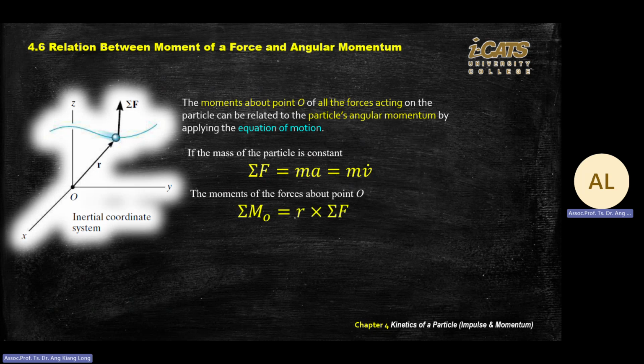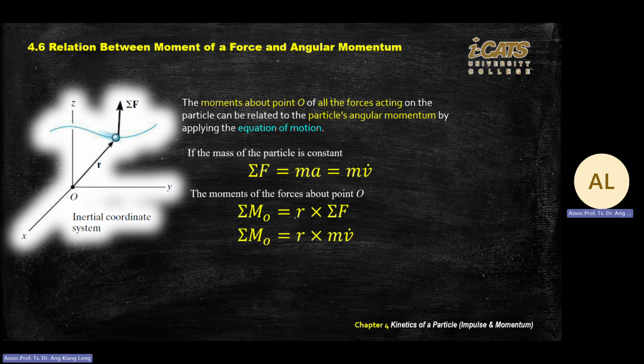So the moment of force about point O. If you take the moment of this force, you take R cross F. R cross F means the R will be perpendicular to the force. You get a moment like what I drew on the whiteboard here. Then we pull the definition of force equal to ma in terms of velocity.